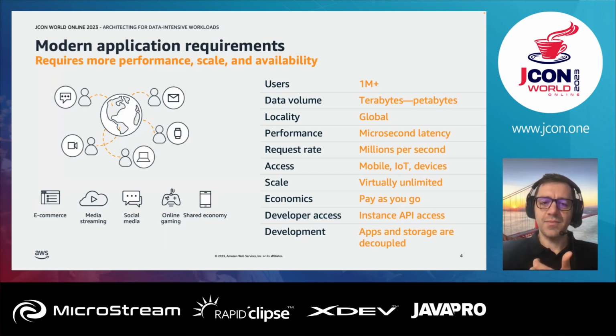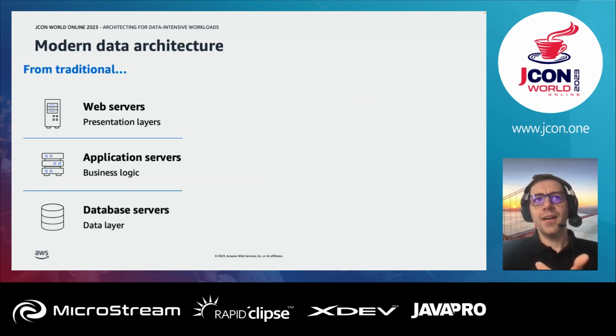And all these challenges come actually in all the domains. If you look at e-commerce, media streaming, the shared economy, or everywhere, if you want to share something or lease something, everything goes to more and more scale, more devices, more requests per second. And this is a challenge actually today, because in development, we are trying to do a shift in mindset, but still our traditional web server three-tier application is still there.